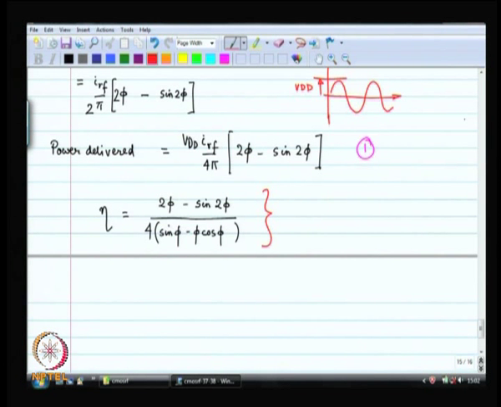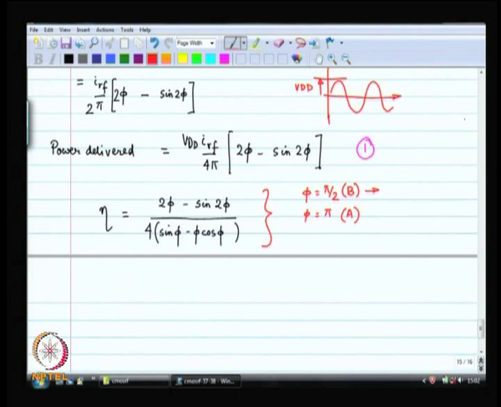plug in, first of all plug in phi equal to pi by 2, that is your class B, phi equal to pi, that is your class A. You should get back good old results.